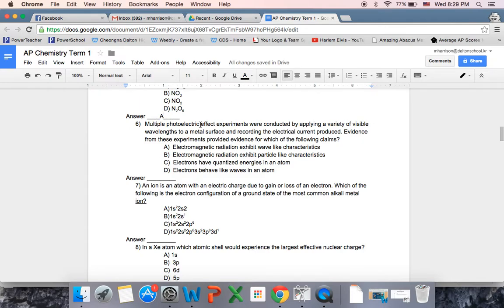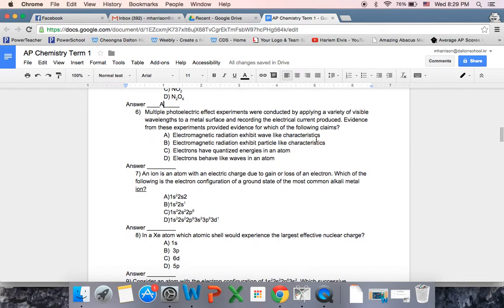Multiple photoelectric effect experiments were conducted by applying a variety of visible wavelengths to a metal surface and recording the electrical current produced. Evidence from these experiments provided for which of the following claims? It provides that electromagnetic radiation exhibits wave-like characteristics. Not really.